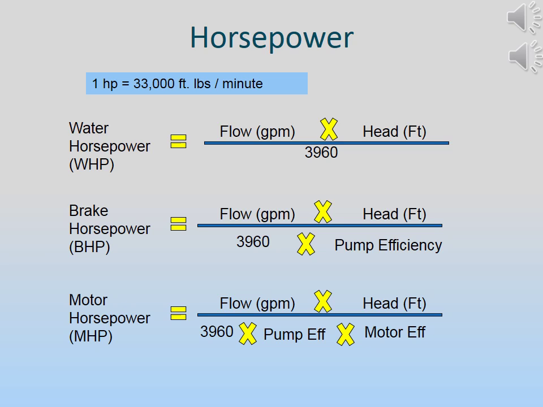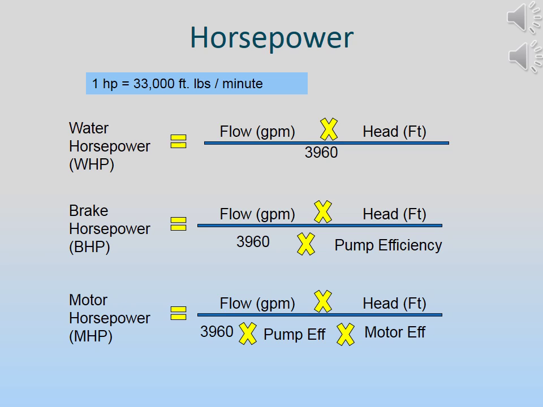Now let's look at brake horsepower. Looking at the formula, what is the difference between brake horsepower and water horsepower? It is the pump efficiency. Brake horsepower is always going to be higher than water horsepower. Why? The reason is because pumps are not 100% efficient.